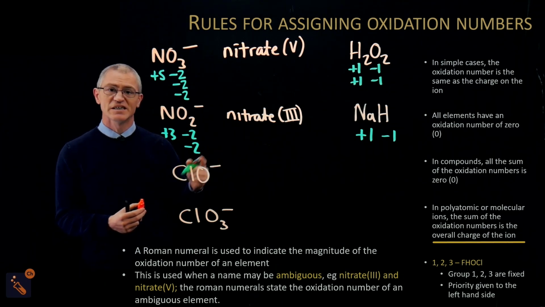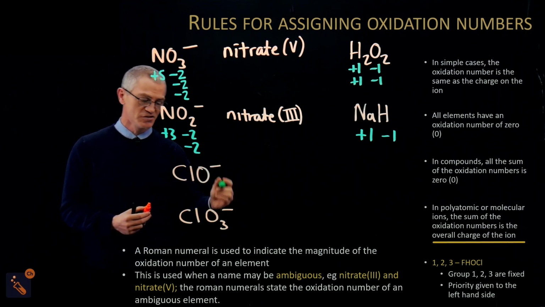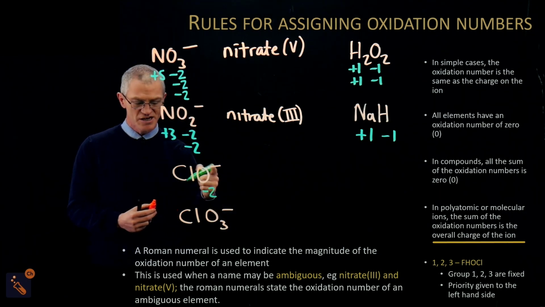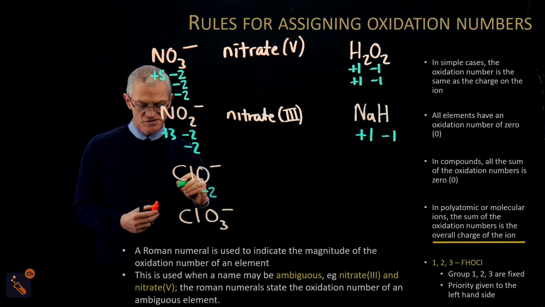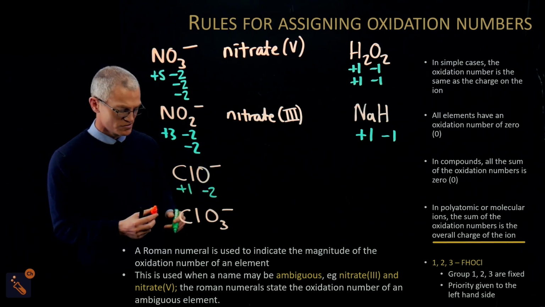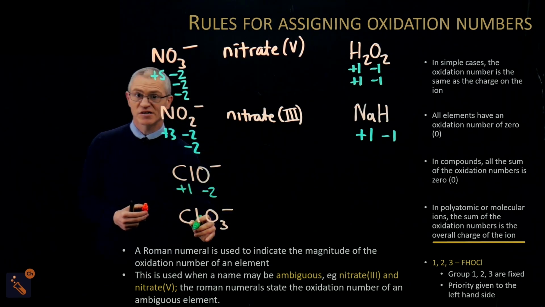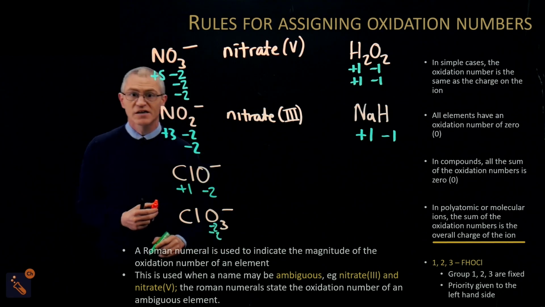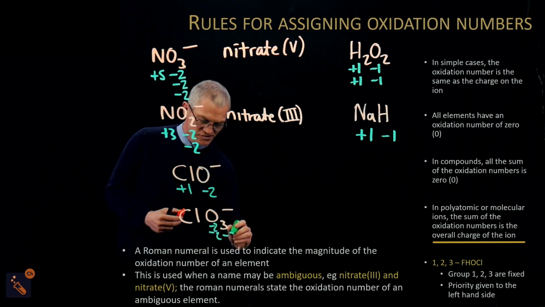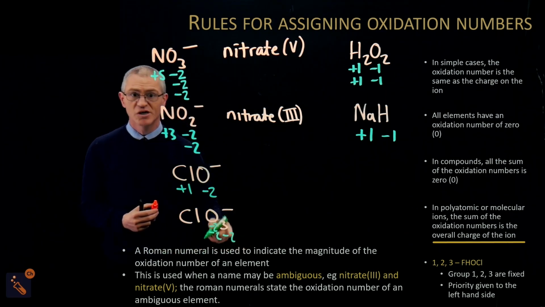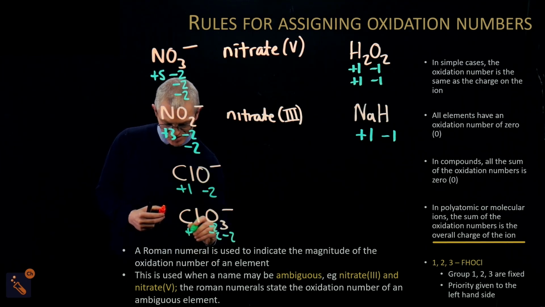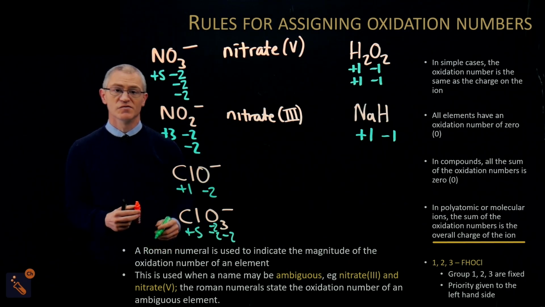Hopefully you're starting to get the point. Here, it's the O this time that comes in. So -2, which means it has to add up to a minus overall, so that must be a +1. Then we go to the chlorate here, and we've got 3 of those O's, so -6, and that must be +5 overall.